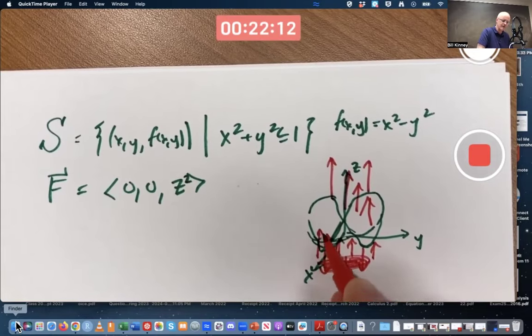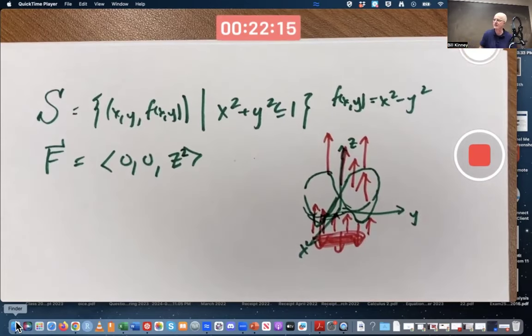Effectively, when you compute the surface integral of the vector field, you're computing something called the flux of the vector field over the surface. If these vectors represented velocity vectors of some fluid, say water in a tank, and if this potato chip or saddle shape was a screen which the water could flow through, the integral of the vector field over the surface would represent the flux.